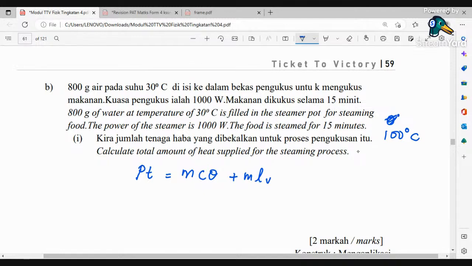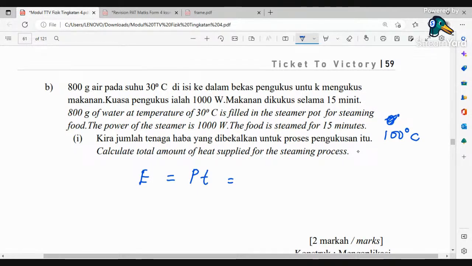So Pt, P equals to, given is, bahagian B1 dia suruh calculate. Okay, ini belum. Just calculate heat supply saja. So kita nak cari gunakan formula ni. Heat supplied by heater equal to Pt.